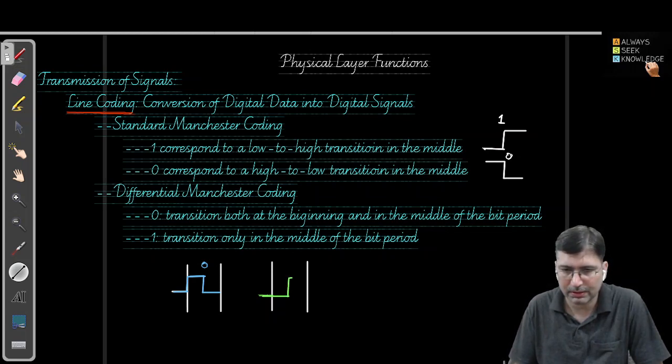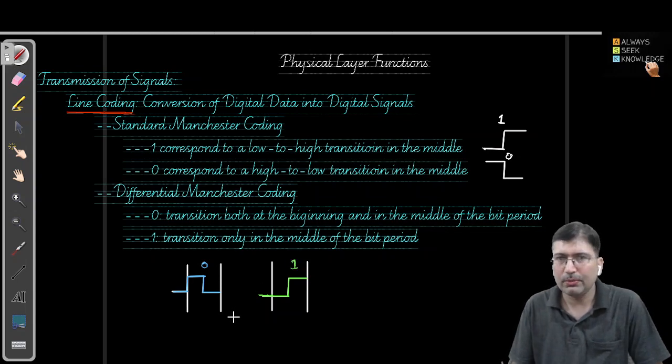So low to high it will convert like this. So this will represent 1. I hope differential Manchester is also clear to you.